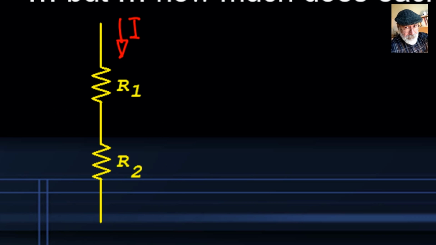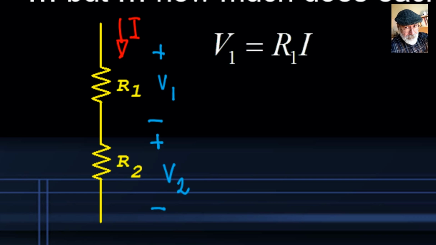The current I flowing through the branch will produce a voltage drop V1 in the resistor R1, given by Ohm's law. V1 is R1 times the current. But the same current has to flow through the resistor R2, producing a voltage drop, V2, also given by Ohm's law. V2 is R2 times the same current I.